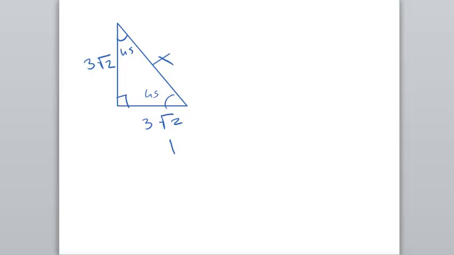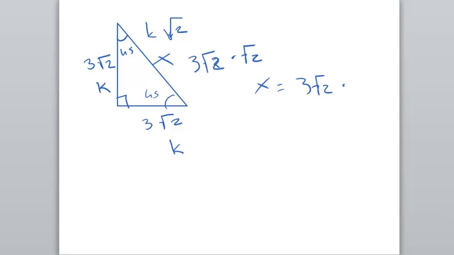What did we say? This is equal to k, this is also equal to k, and this is equal to k root 2. So k is 3 root 2 times root 2. So x will be equal to 3 root 2 times root 2, which will be equal to 3 times 2, which will be equal to 6. 6 is the answer.